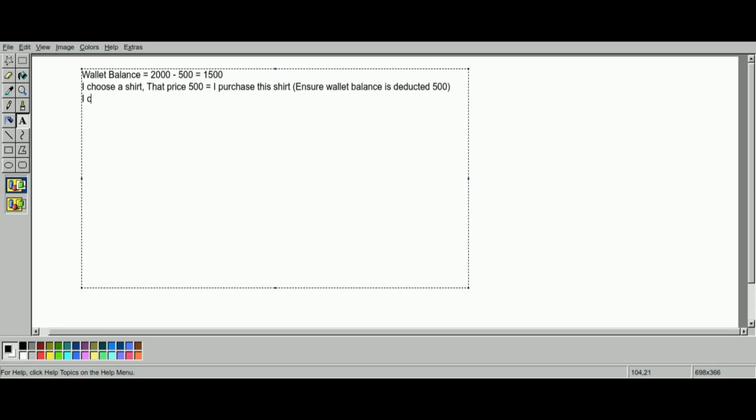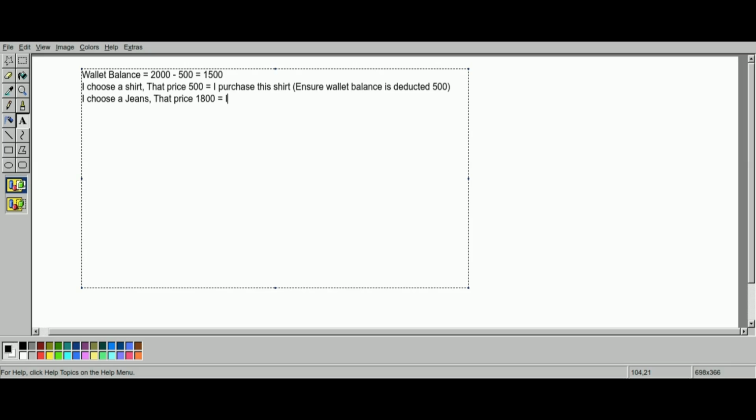Next, I choose a pant, jeans. That price is 1800.